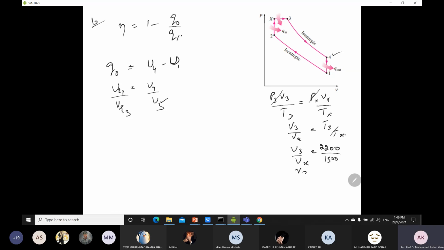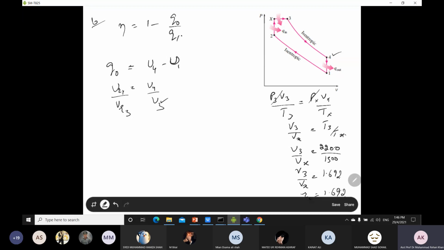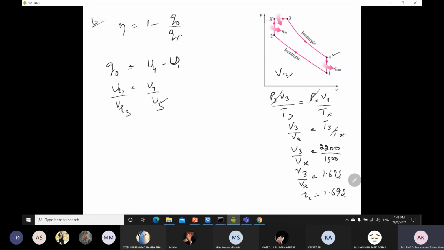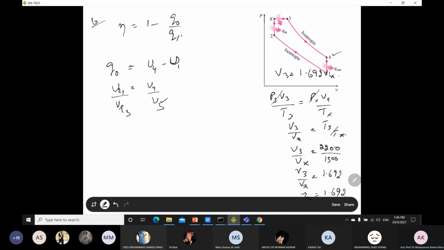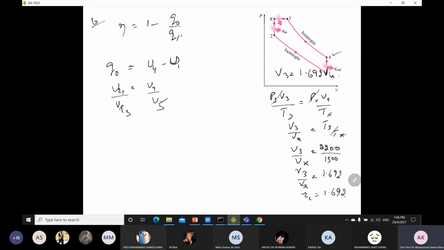Solving it, V3 over Vx is equal to 1.692, which is Rc. So now we have the cutoff ratio value, and from this we can easily find V3, because V3 is equal to 1.692 times Vx, by using the cutoff ratio.